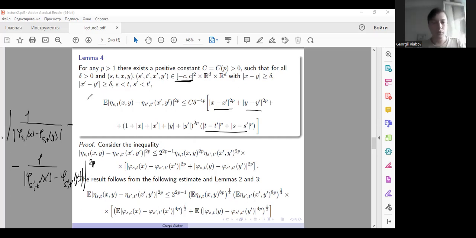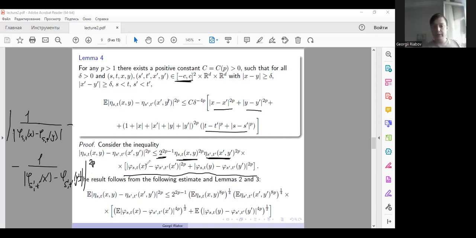So we take the denominators outside. This gives us these two quantities, and in the numerator we use the triangle inequality, which gives us these two summands with an additional factor.